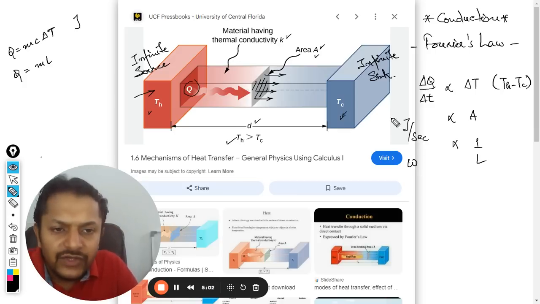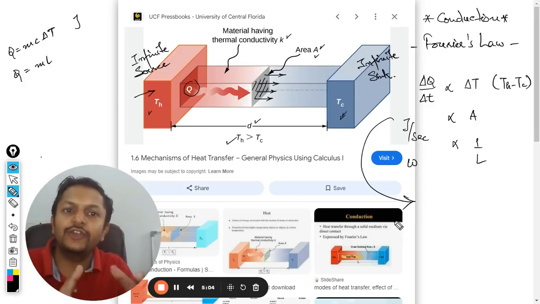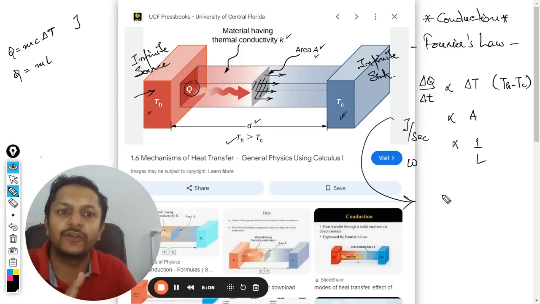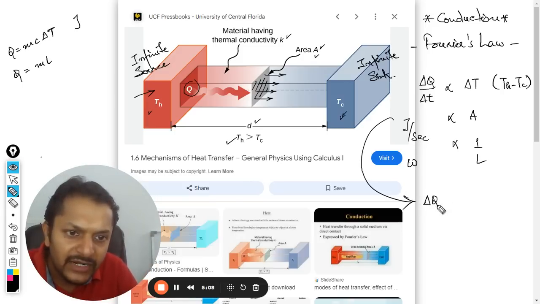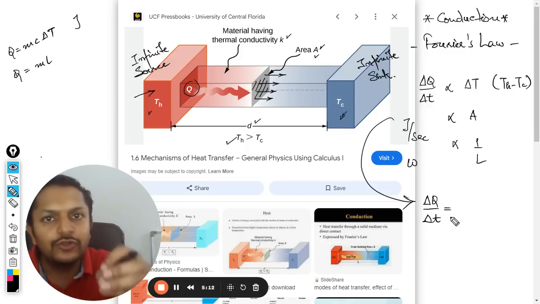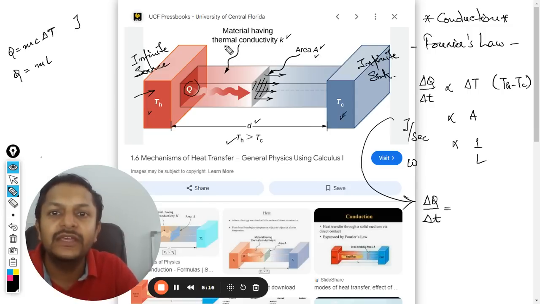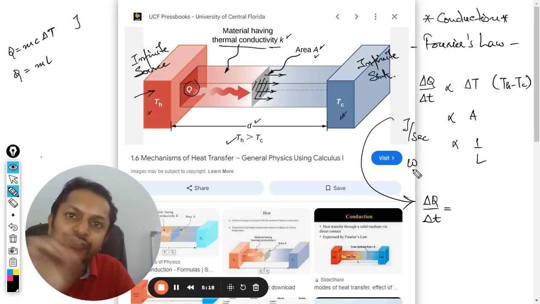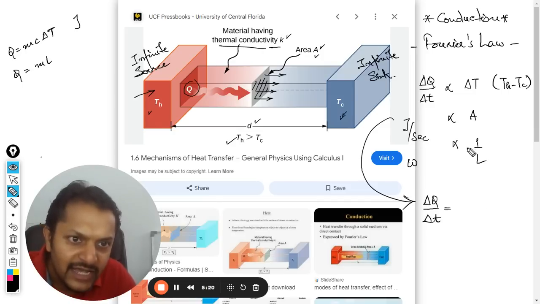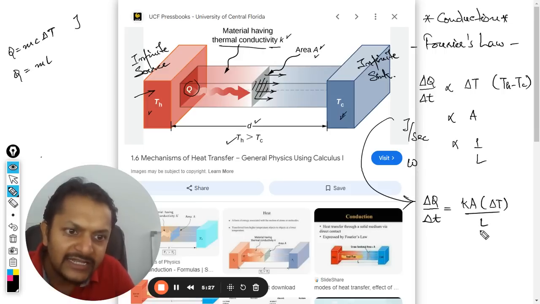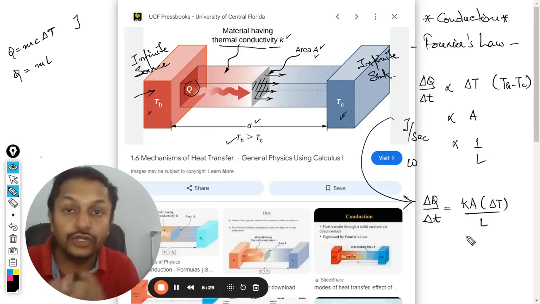From this, we create a formula by introducing the equality sign. So delta Q divided by delta T equals a constant of proportionality, which in this case is the coefficient of thermal conductivity K. K is multiplied, A is multiplied, delta T is in the numerator, and L, being inversely proportional, goes to the denominator.